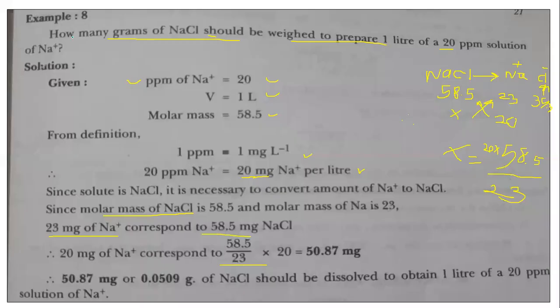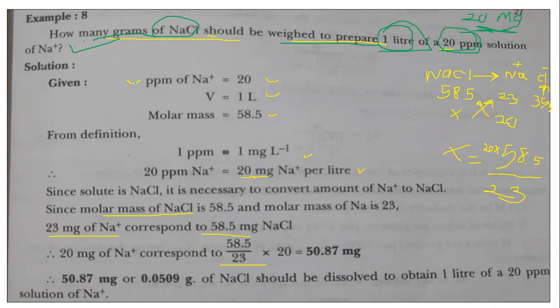Now we'll see one example of how to prepare a solution of sodium. See now, here it is. How many gram of sodium chloride should be weighed to prepare 1 liter of 20 ppm solution of Na plus? 20 ppm solution of Na plus means we want 20 mg of sodium per liter of solution.